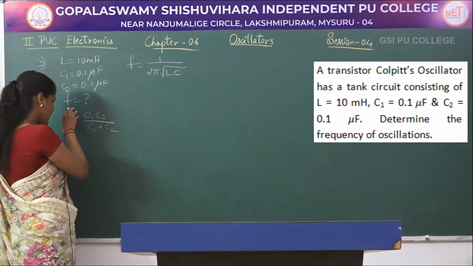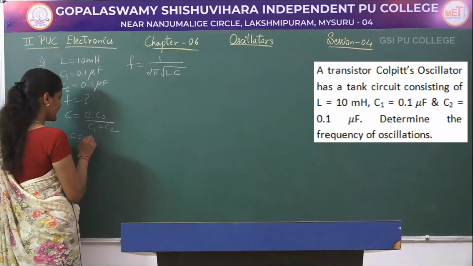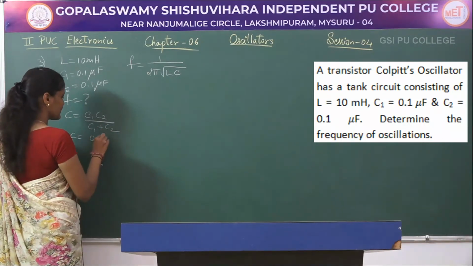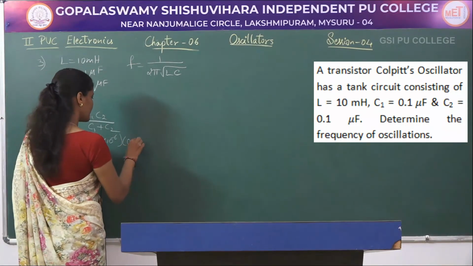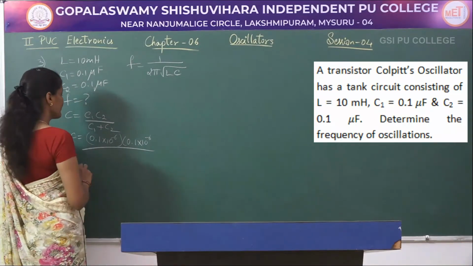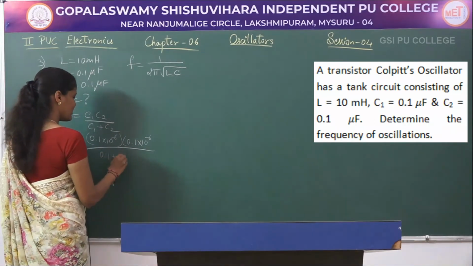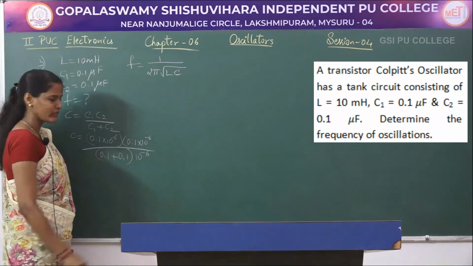So let us first find out C and substitute that value in this particular expression. So C is equal to, C1 value is 0.1 microfarad and C2 value is also 0.1 microfarad. So 0.1 into 10 to the power of minus 6 divided by 0.1 plus 0.1, I will be taking 10 to the power of minus 6 as the common factor.